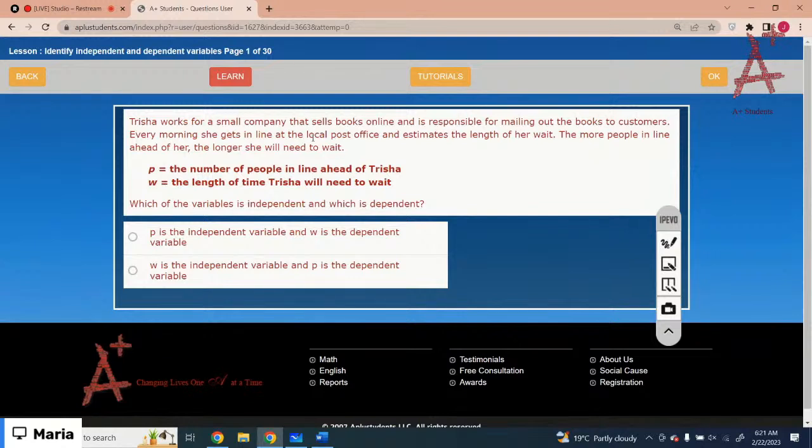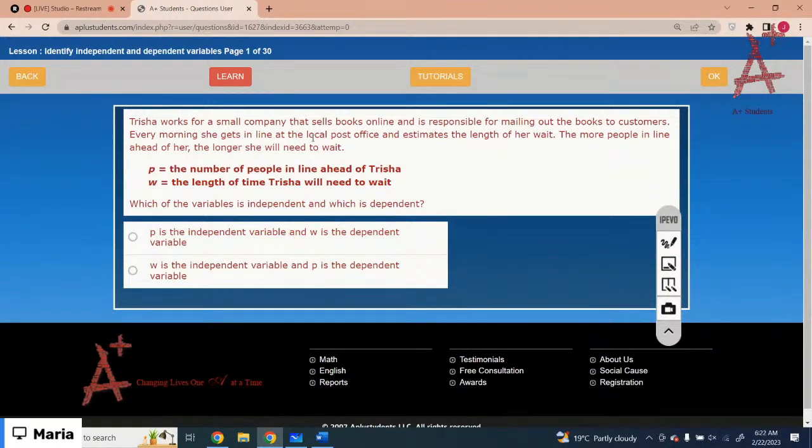Just look at this line. The more people in the line ahead of her, the longer she will need to wait. So basically, the number of people is the independent variable and the wait is dependent on the people. If there are more people, she has to wait more. If there are fewer people, she has to wait less.